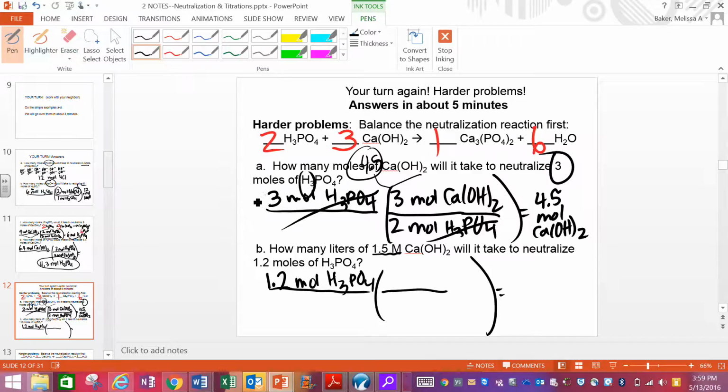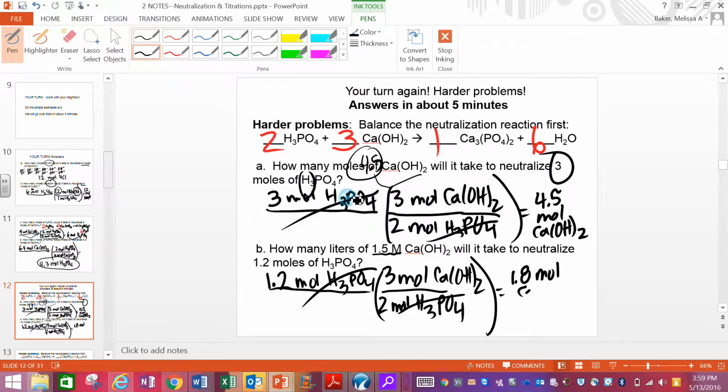For every 2 moles of H3PO4, this is making more sense, you need 3 moles of Ca(OH)2. So this cancels out. 1.2 times 3 divided by 2 is 1.8 moles of calcium hydroxide. That's how many will neutralize that 1.2 moles of H3PO4.